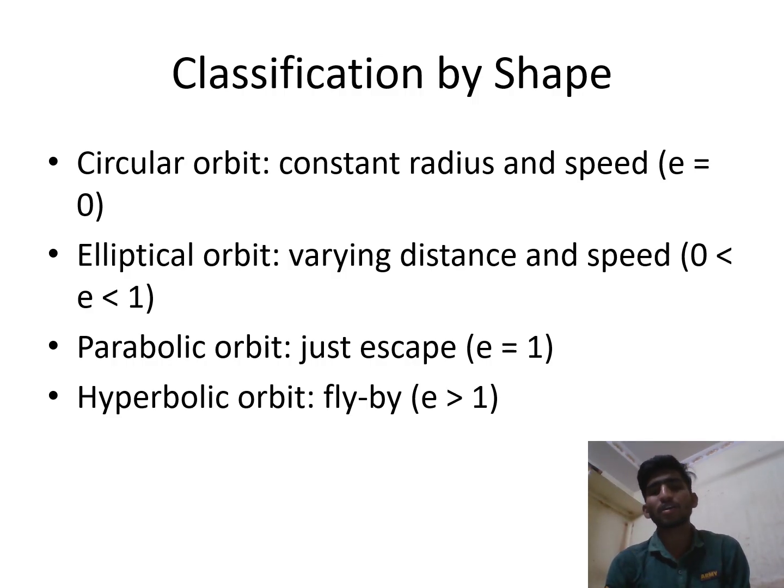For a parabolic orbit, eccentricity E equals 1, and for hyperbolic, E is greater than 1.